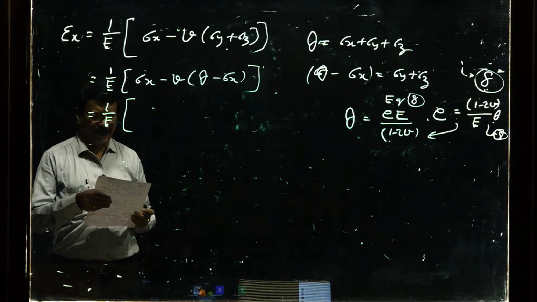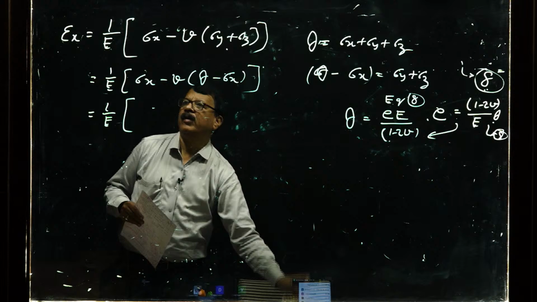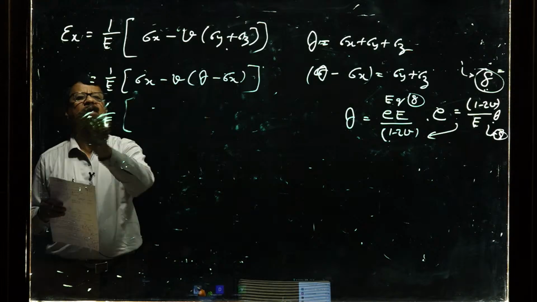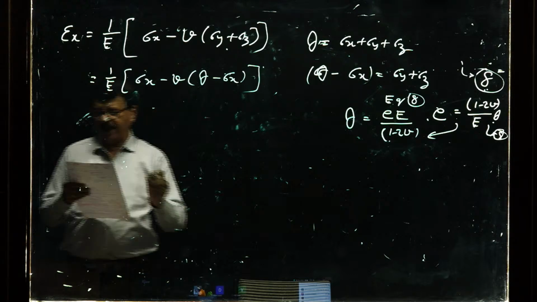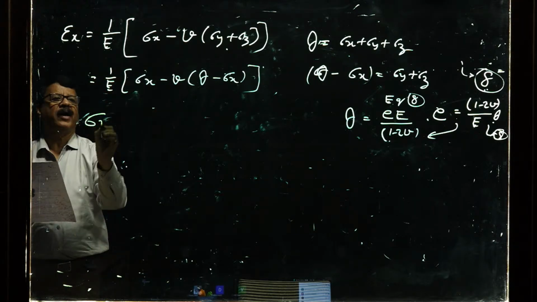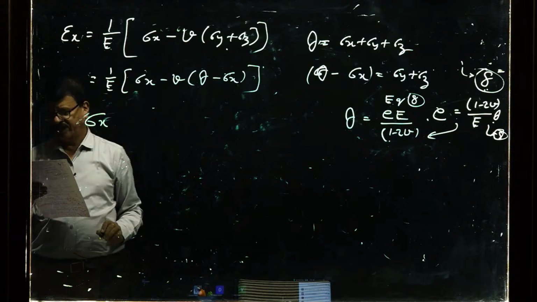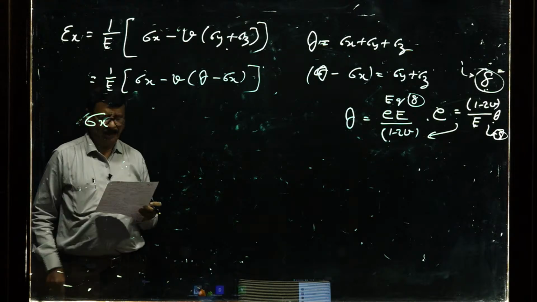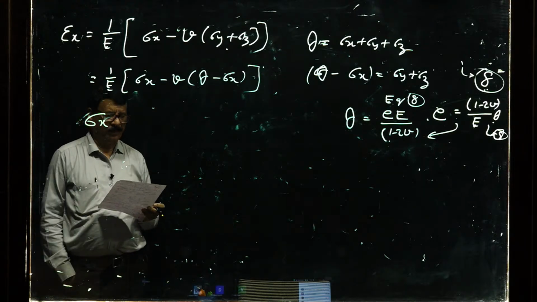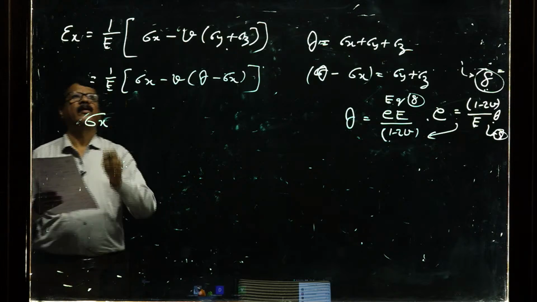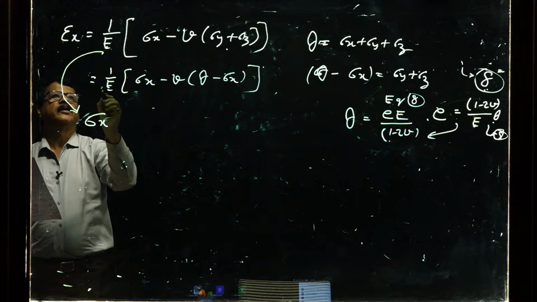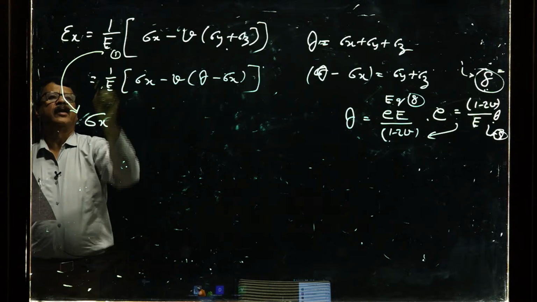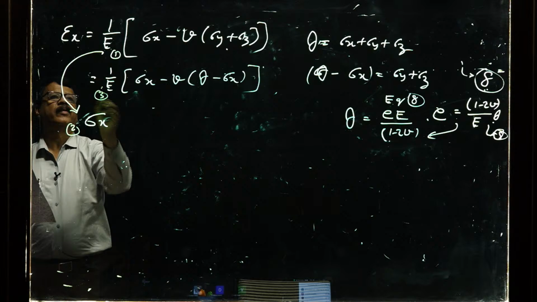Now before putting the value, you write the expression for sigma x. Here only. From here I skipped one. This is the first, this is the second, and this is the third step.